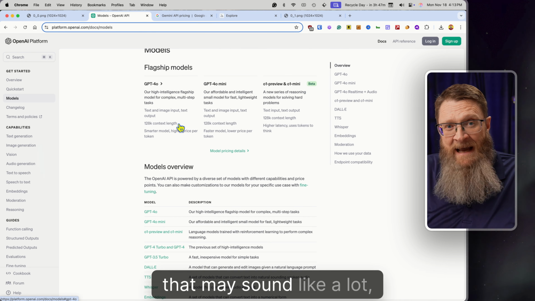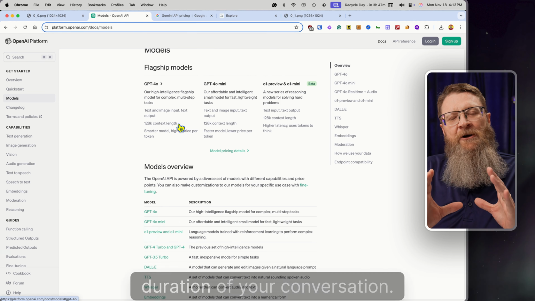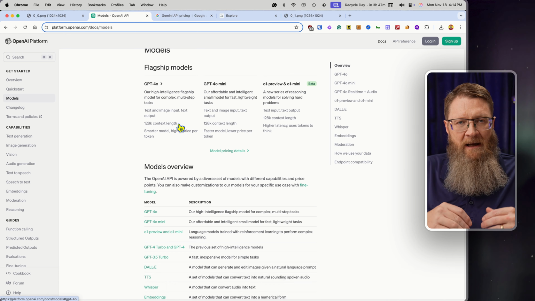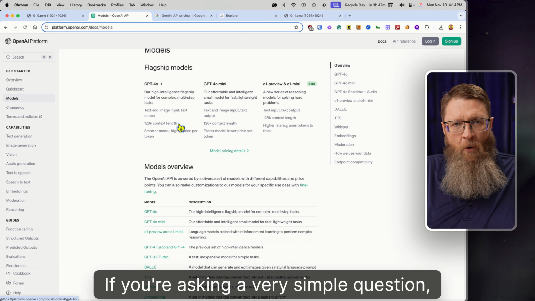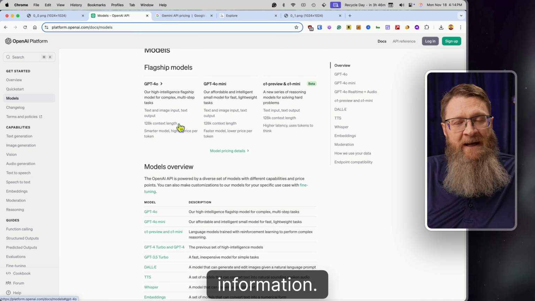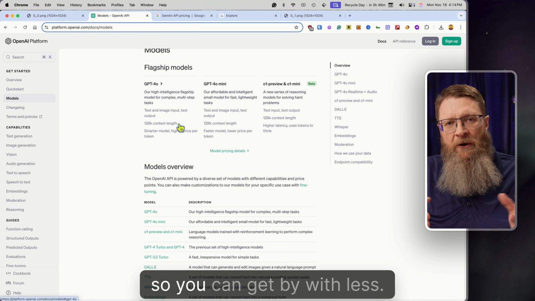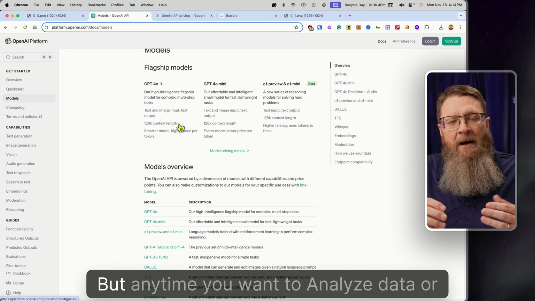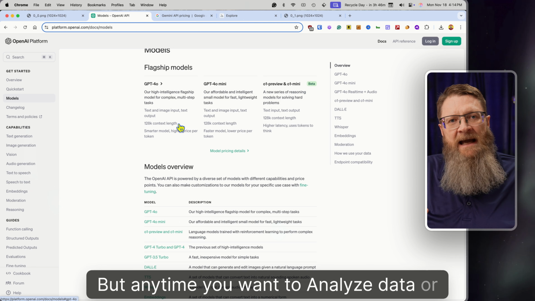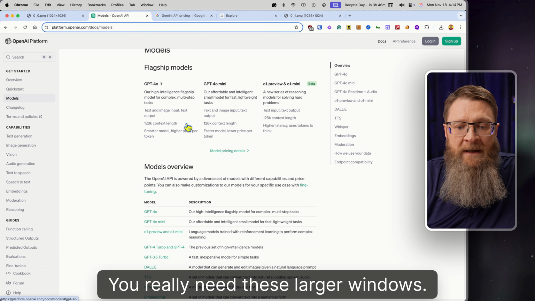Now, that may sound like a lot, but it needs to exist for the entire duration of your conversation. If you're asking a very simple question, then you really don't need a lot of information. Early models, and in fact, going back to the ChatGPT 4 model, they only had 8,000 tokens. So you can get by with less. But anytime you want to analyze data or have a deeper conversation, you really need these larger windows.